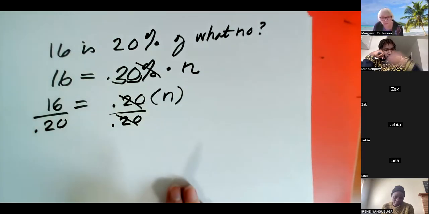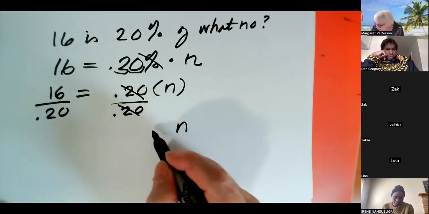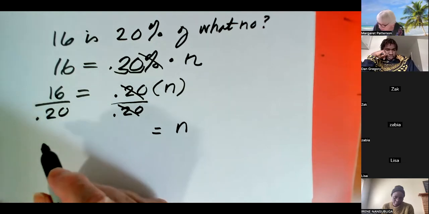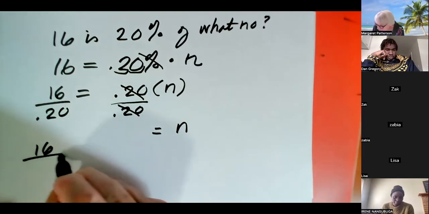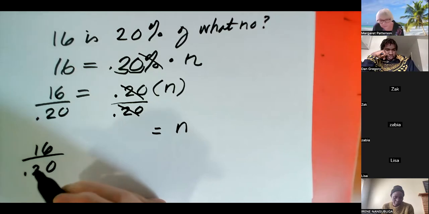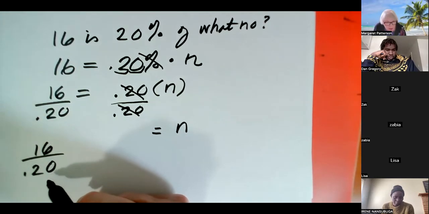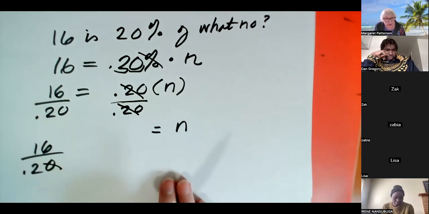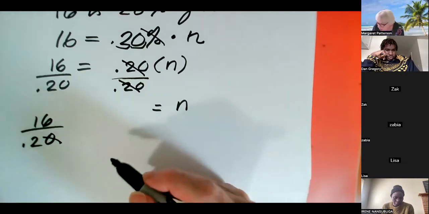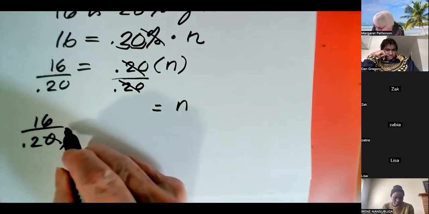Cancel, cancel. So N equals 16 over 0.20. You may realize that the 0 didn't have to stay there, did it? If somebody's comfortable with that, it just makes the problem a little bit easier.